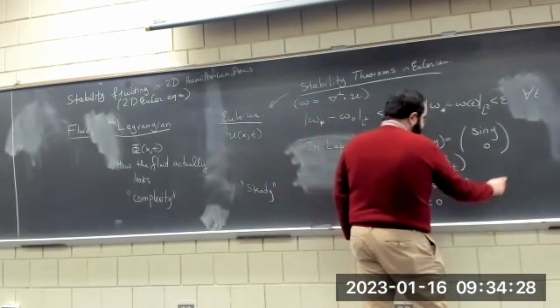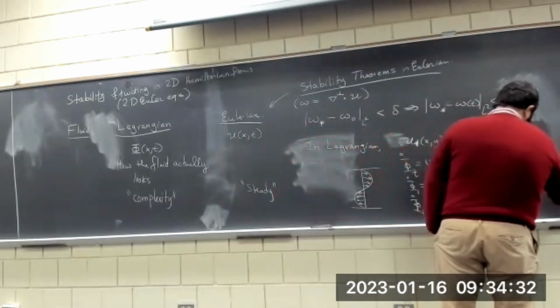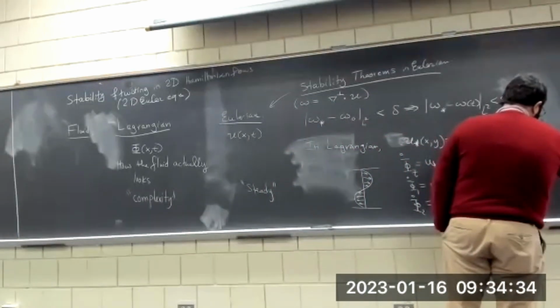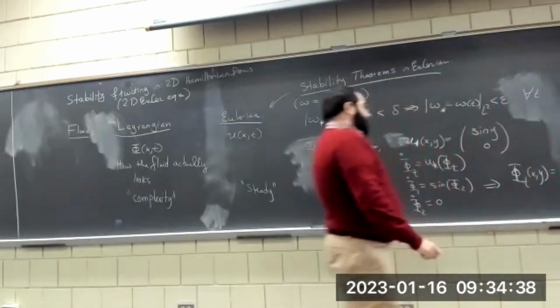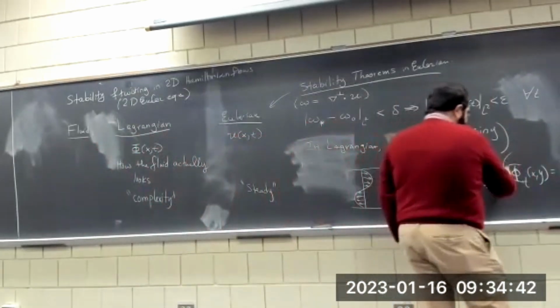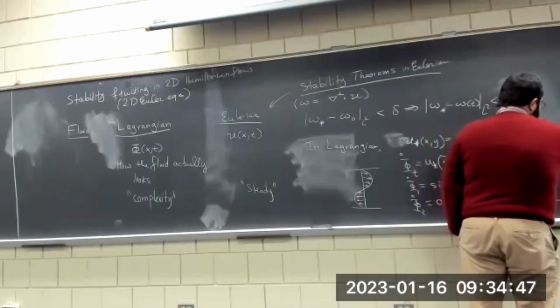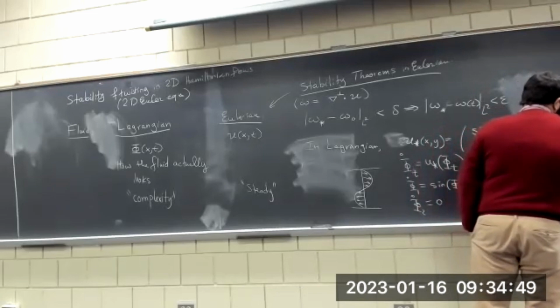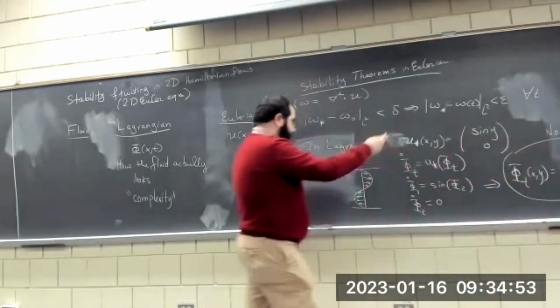You get that the flow map is something like that. So it's not even bounded in time. It's becoming unbounded.